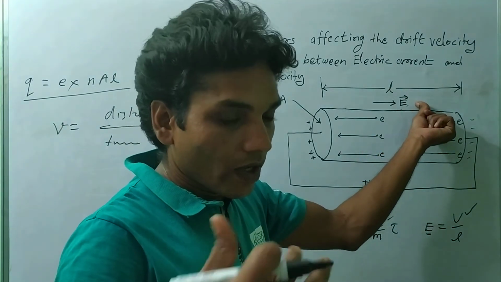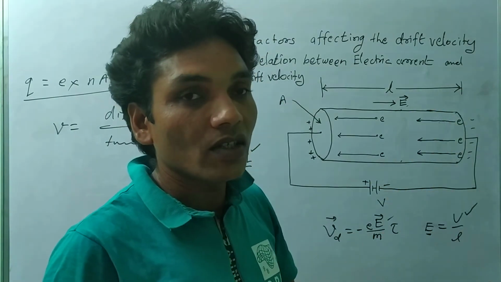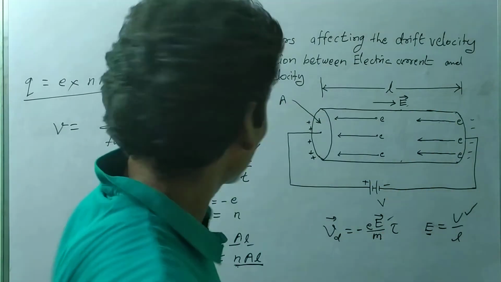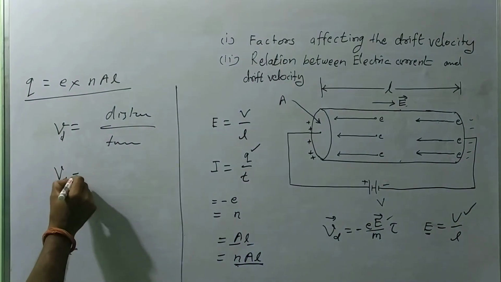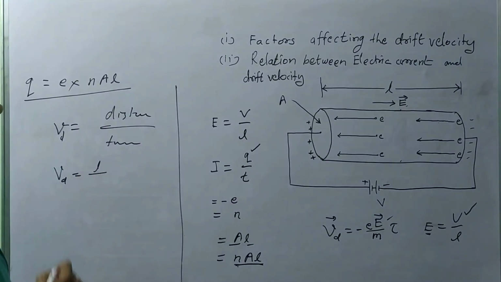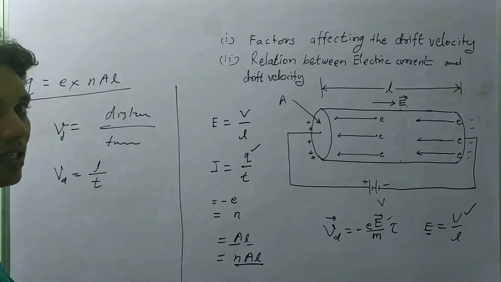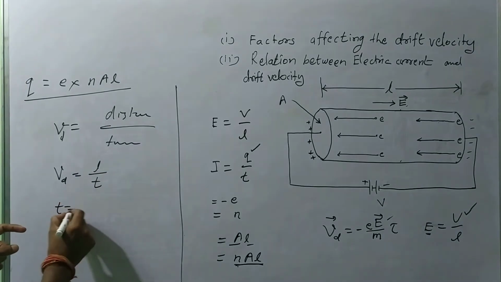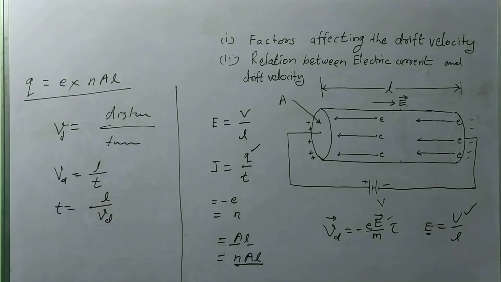The velocity of free electrons under the influence of an electric field is called the drift velocity, so this velocity is Vd. So Vd equals length L upon time t, which means time t will be L upon Vd.